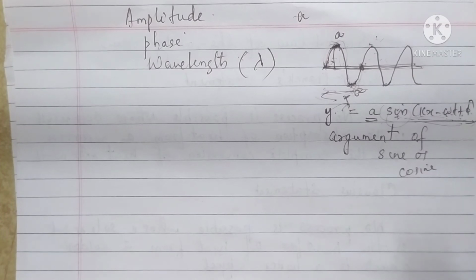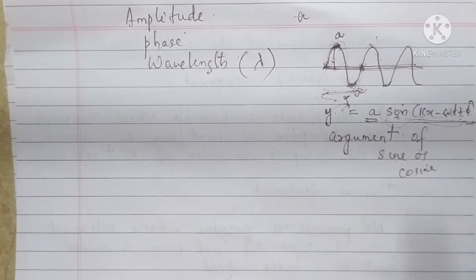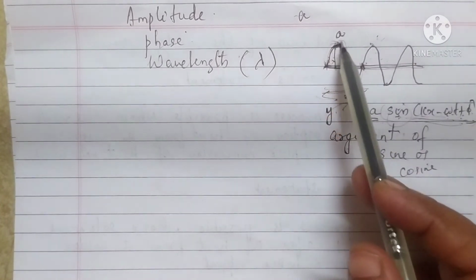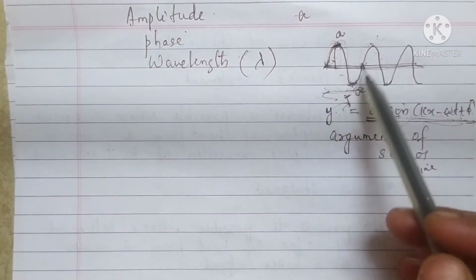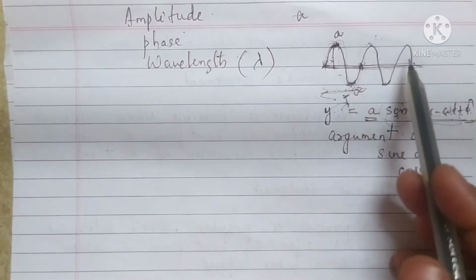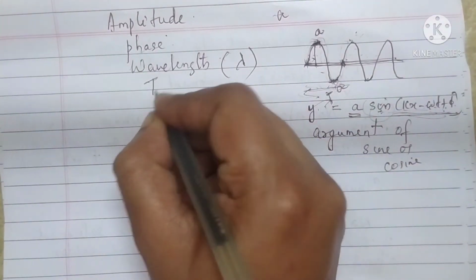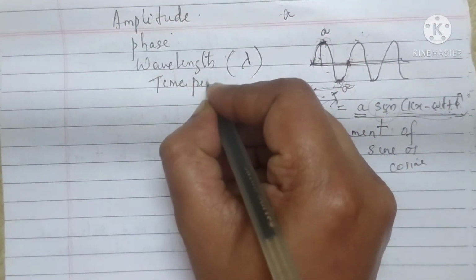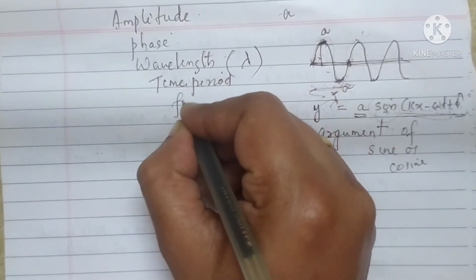And time period is actually the reciprocal of the frequency. Understood? Frequency, what do you mean by frequency? Frequency means the number of vibrations or number of oscillations produced by the wave in 1 second. So you have discussed time period. Then next one is frequency.